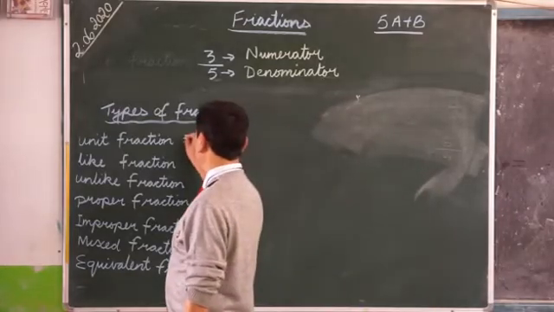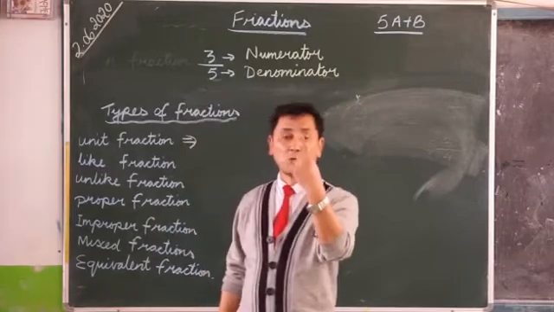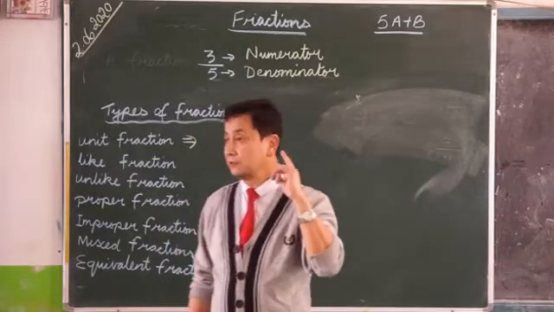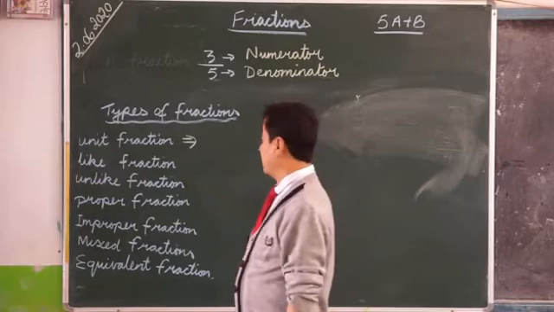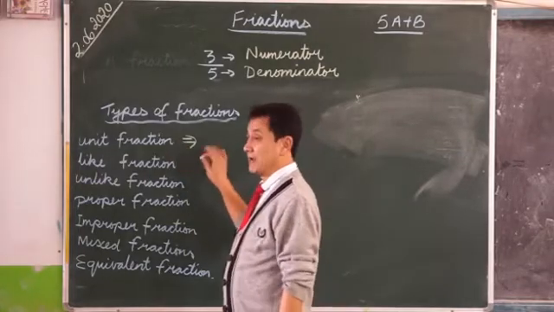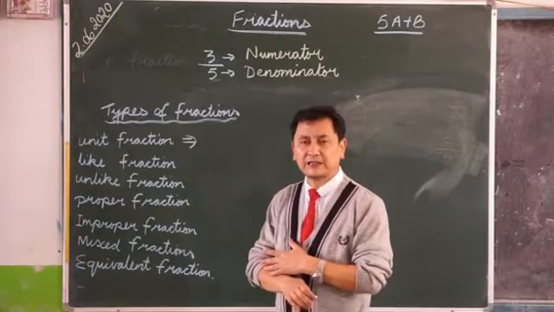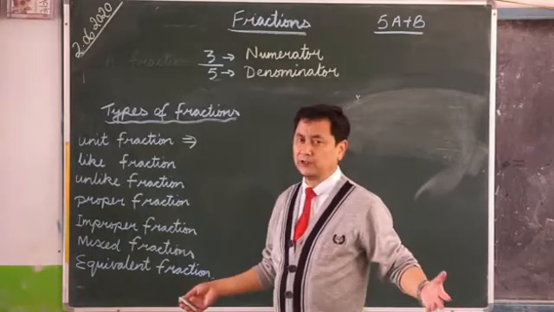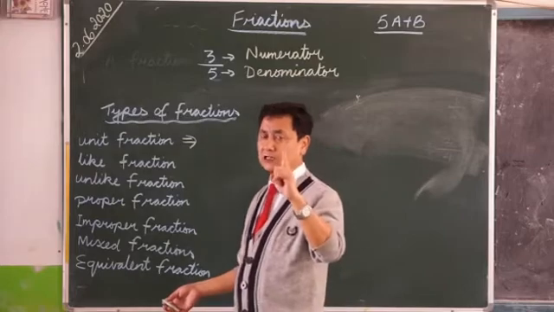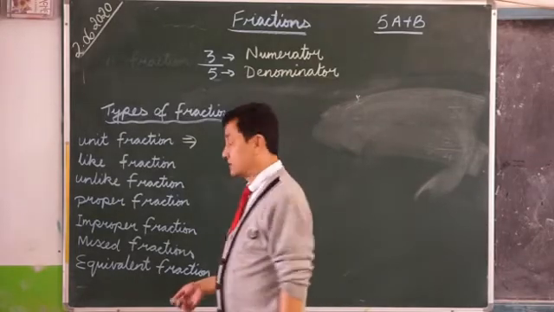Now let's go to unit. Unit means 1. So, the numerator of all these fractions has to be 1. Denominator can be any other number. Numerator has to be 1. So that's why it's known as a unit fraction.